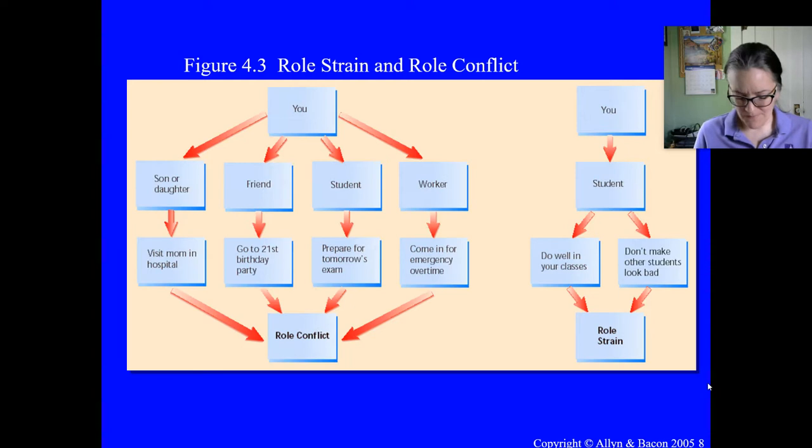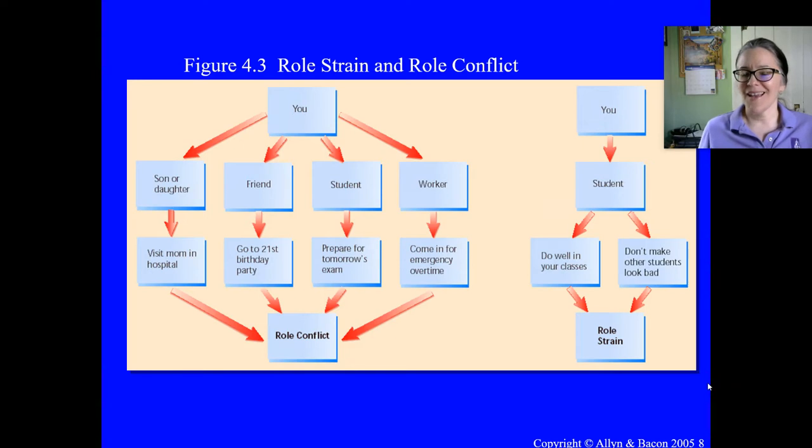For some groups of students, it's more severe and more severely sanctioned by their peers than for others. You want to do well in class, but you don't want to make other students look bad. There are some groups of students also who police each other not to do well in school or not to appear to be interested in doing well in school. That's a really tough position to be in when you're a student.